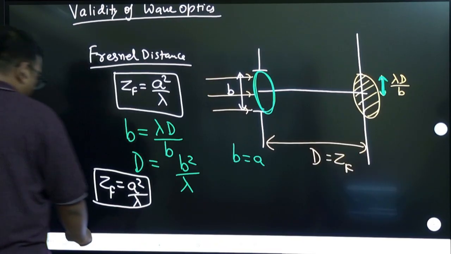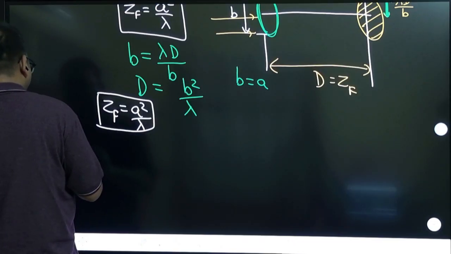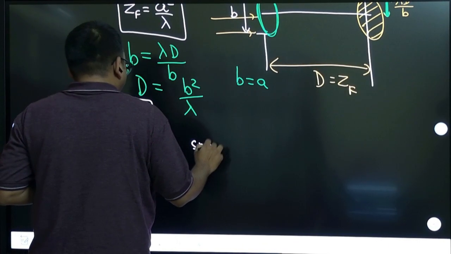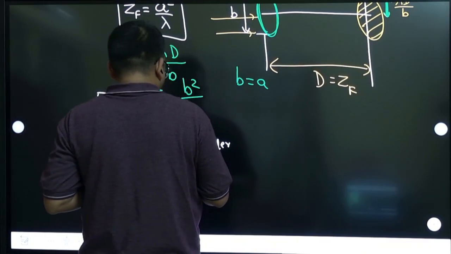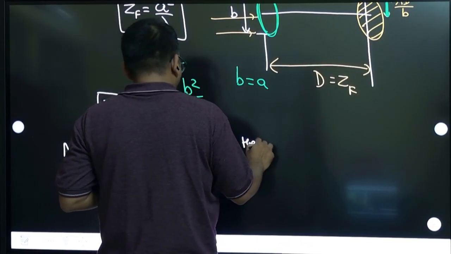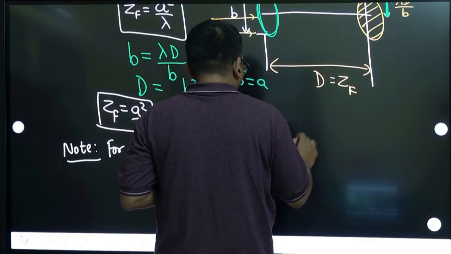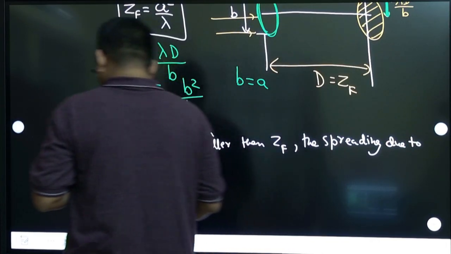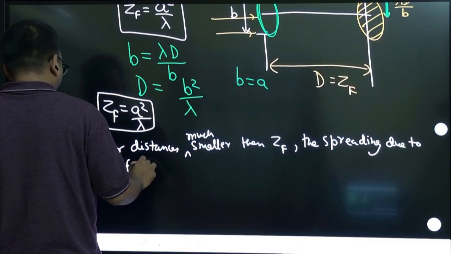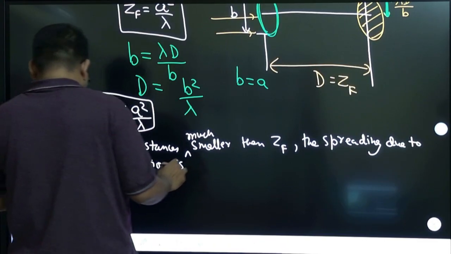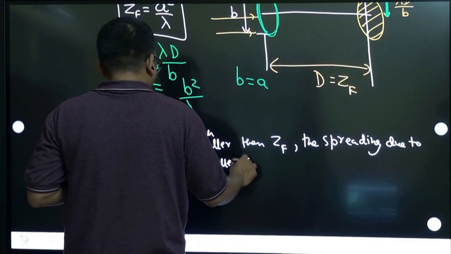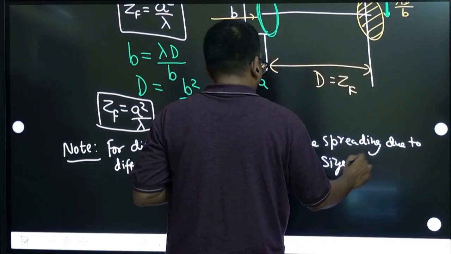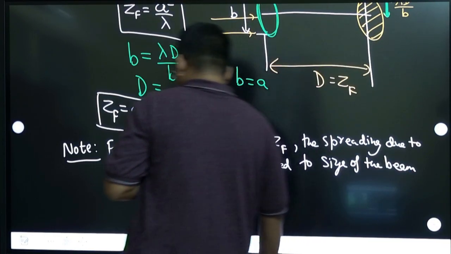Now note here, for distances much smaller than the Fresnel distance, the spreading due to diffraction is smaller compared to the size of the aperture.